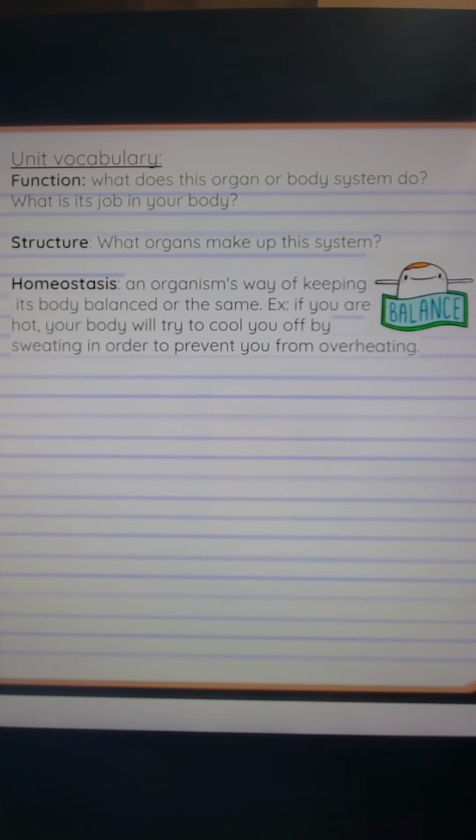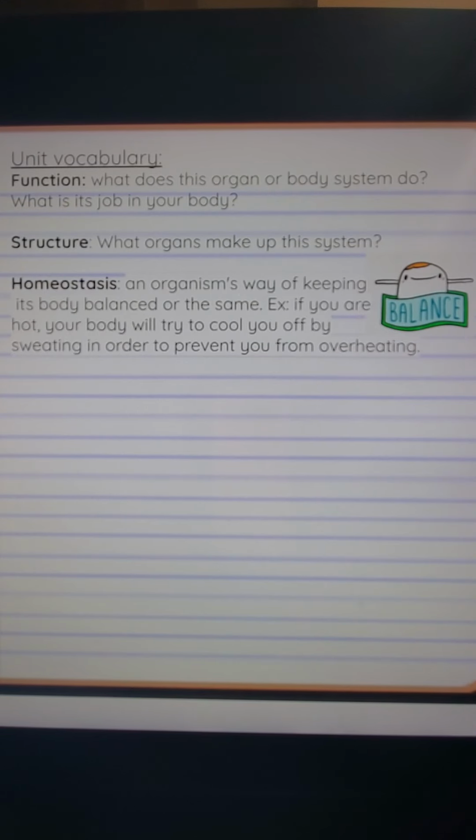Okay, so that's homeostasis at work. Your body's trying to keep you the same as it was before it got too hot. So we see the little jelly bean man or whatever he is. He's got both arms out. He's in balance. And that's what your body tries to do on a minute-by-minute basis.